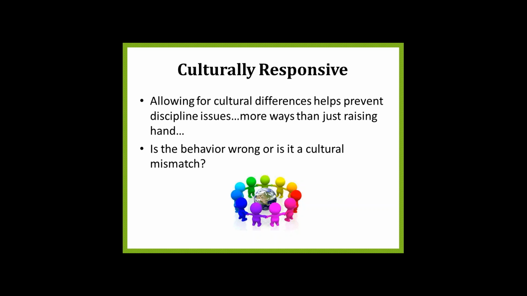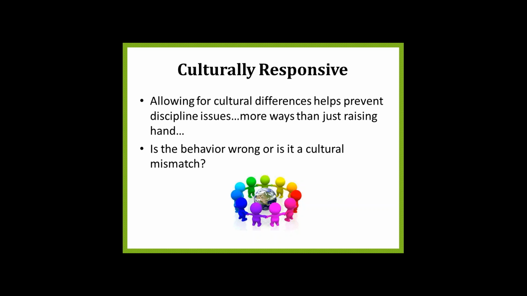The other thing you want to think about when you see behavior that is unexpected is, teachers ask the question, is this behavior wrong, or is it just a cultural mismatch in terms of how we were brought up and what our perceptions of the world are and what we bring to the table? Is that cultural, or is it a correct way? Or is it just a mismatch?